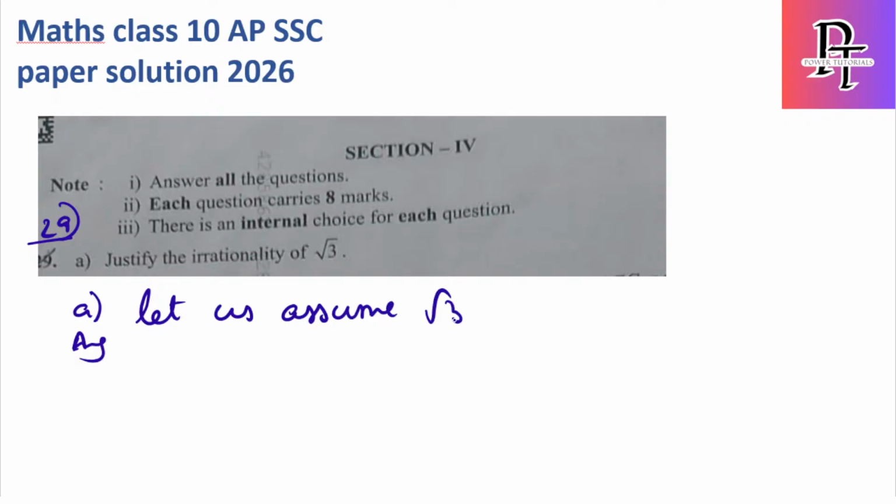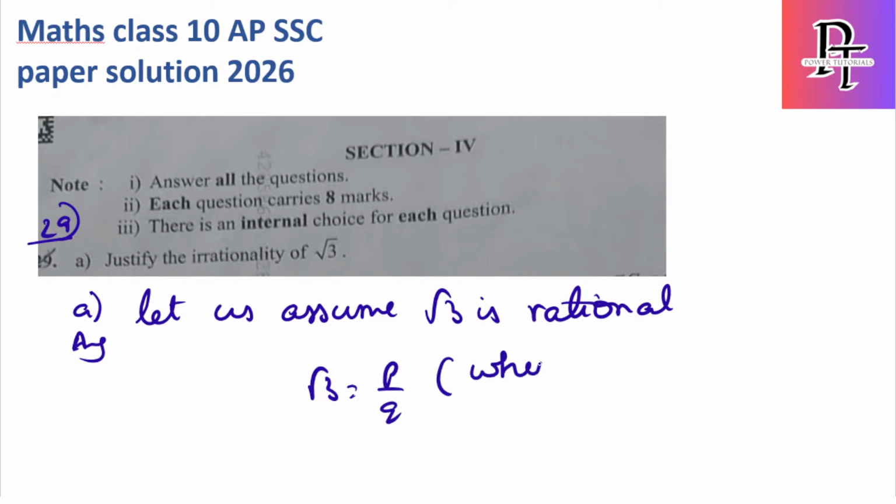root 3 is rational. So if root 3 is rational, it can be written in the form of p by q. So root 3 is equal to p by q, where p, q are co-primes and q not equal to 0. Why? Because it is there in the denominator.